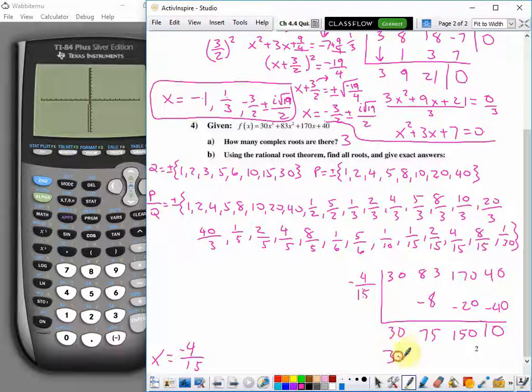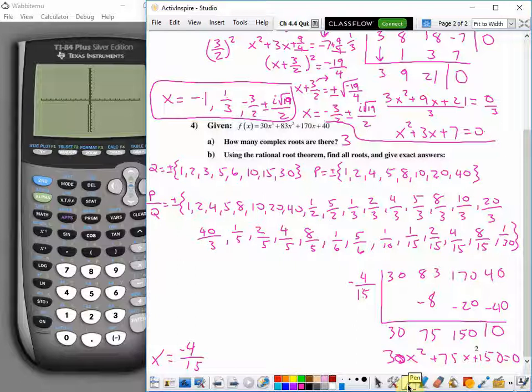So 30x squared plus 75x plus 150, and we'll set that equal to 0. Okay, the easiest thing to get started is going to be to divide everything by something that goes into all those.